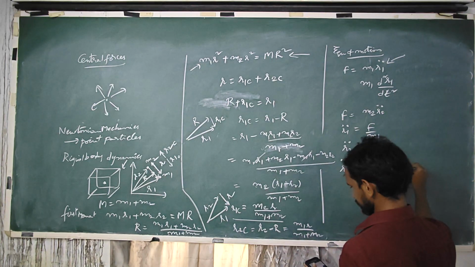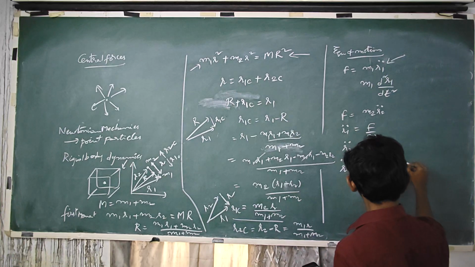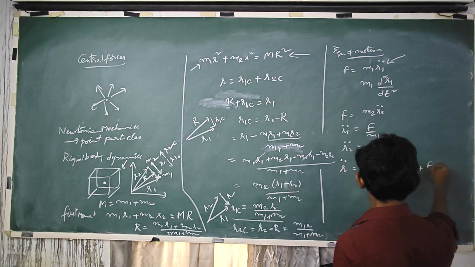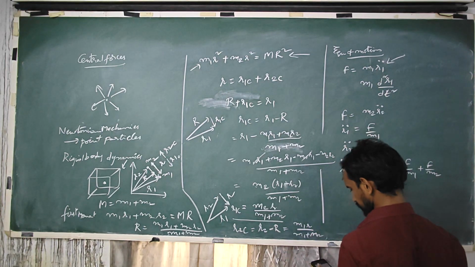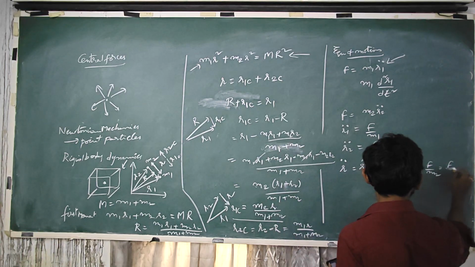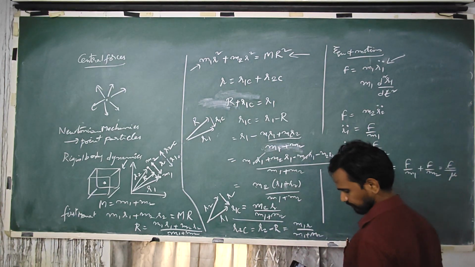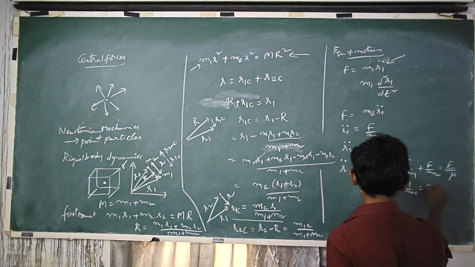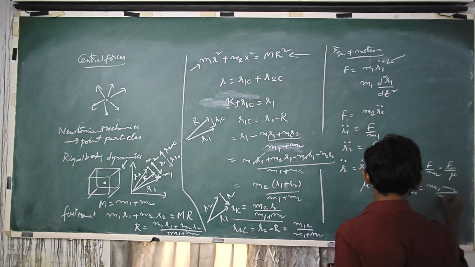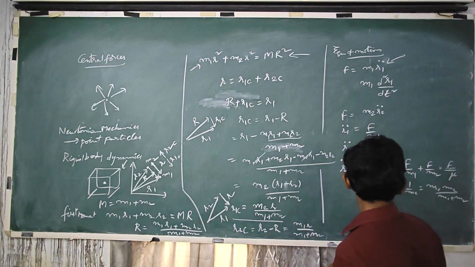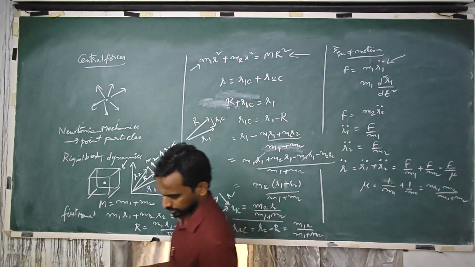So which is F by mu. And that is called the reduced mass of the system.